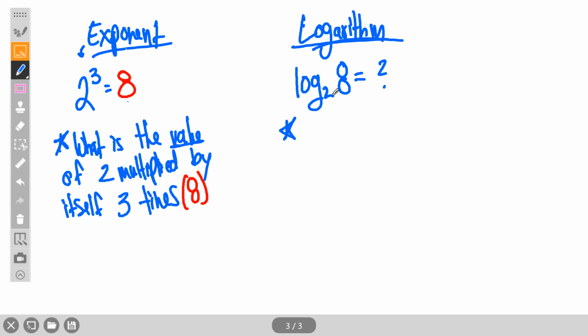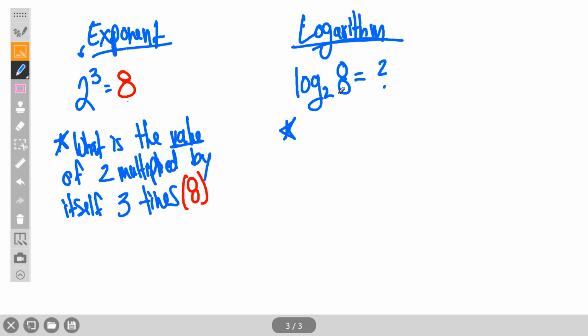Logarithms always have a base. In this case, the logarithm has a base of 2, and it also has a number that we're taking a logarithm of. So in this case, I'm taking a logarithm of the number 8. So what do I get when I take the log of the number 8 with a base of 2?